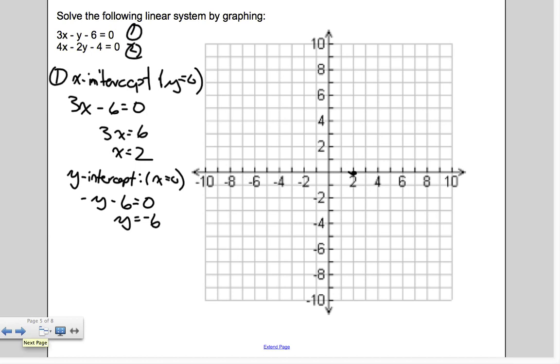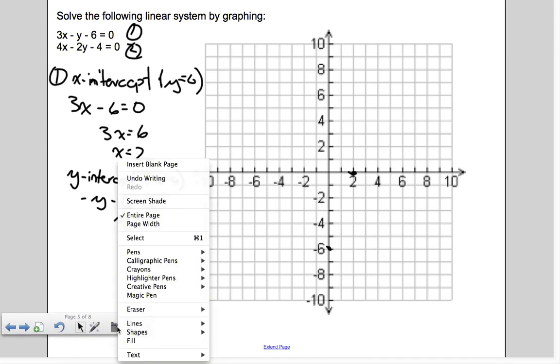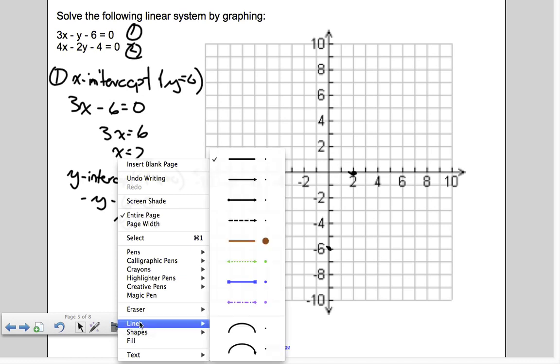Why'd you just take up all the... We're proficient now. So I have to draw my line. Yeah, because I'm plugging in 0. I'm getting my intercepts.